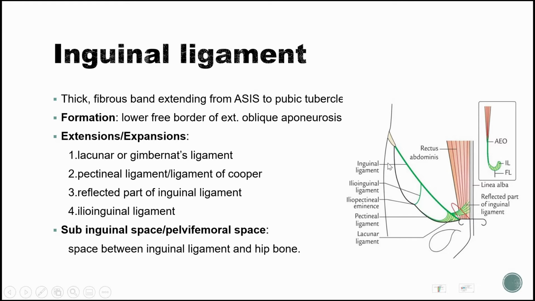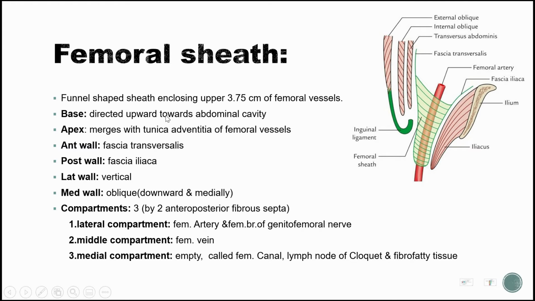The large lateral part is called the lacuna musculorum, and the small medial part is called the lacuna vasculorum, because this part contains important vessels, which are the femoral artery, femoral vein, and so on. And this part contains important muscles, which include the iliacus and psoas major muscle.